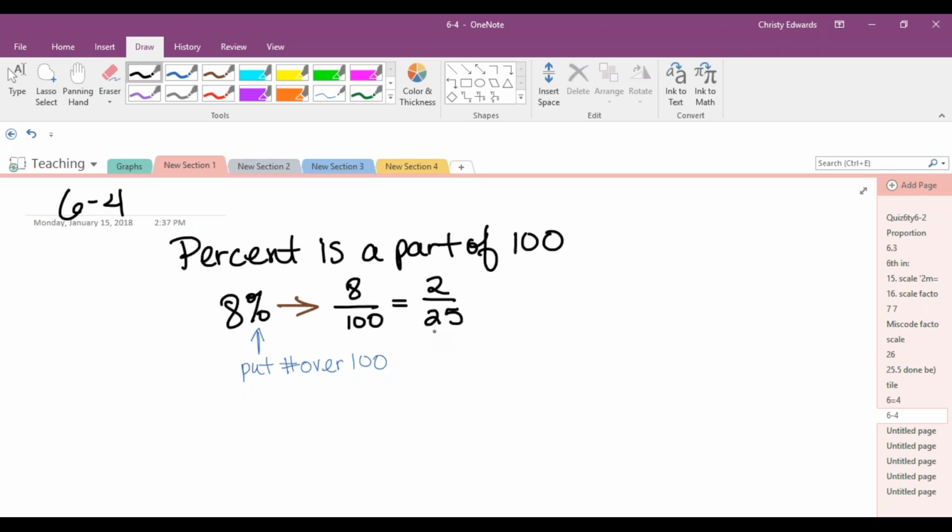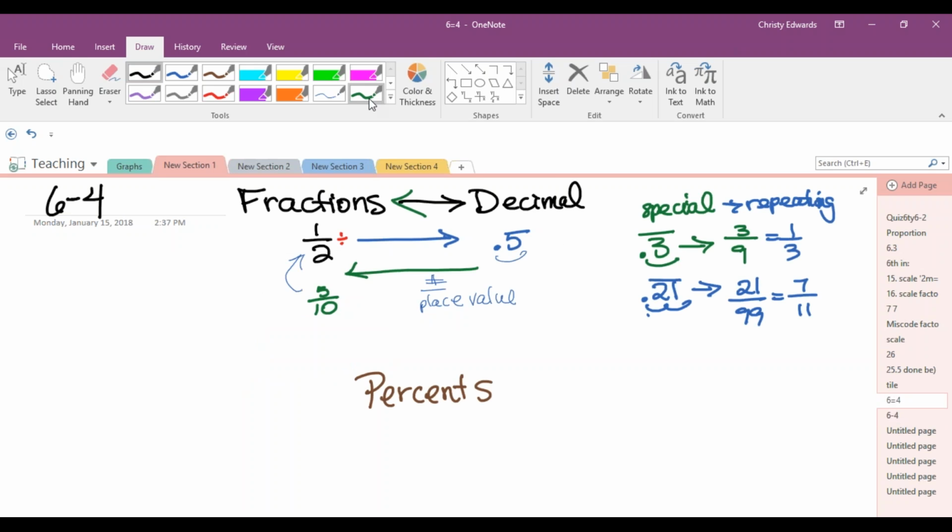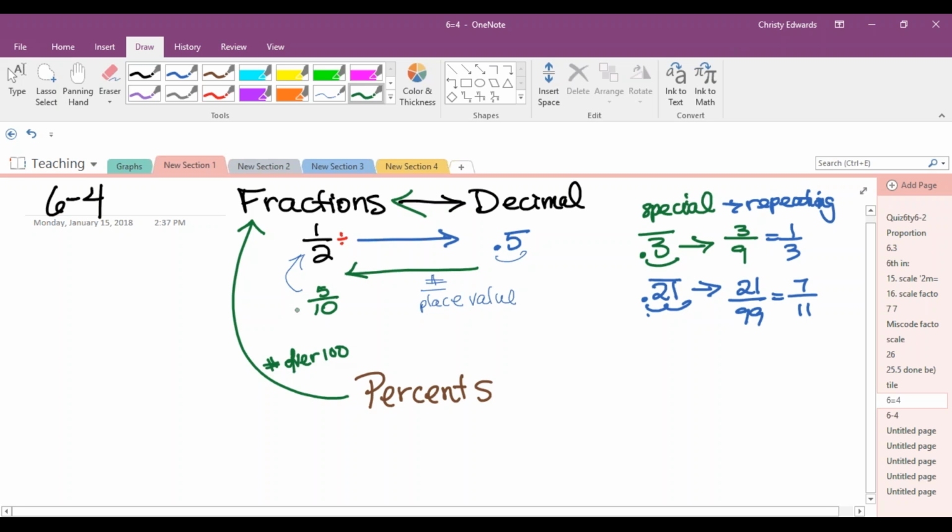Well, look, we're already 1/4 into our lesson, because what did I just show you how to do? Go from a percent to a fraction. How do you do that? Number over 100. Does that make sense?